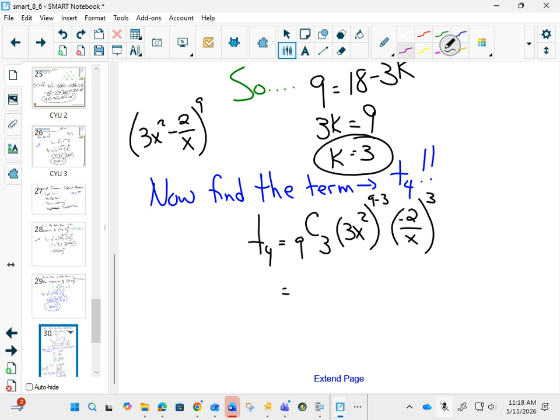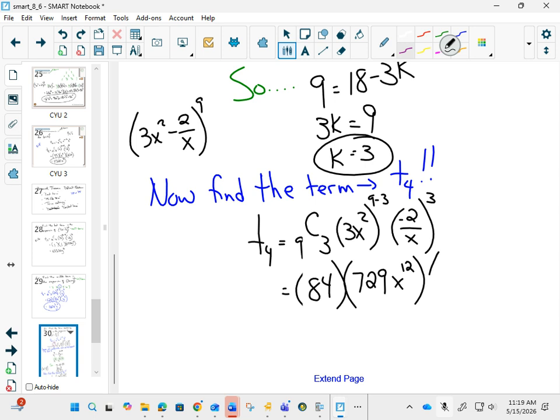Go to our calculator. 9 choose 3 is 84. 3 to the power 6 is 729. X squared to the power 6 would be x to the 12.